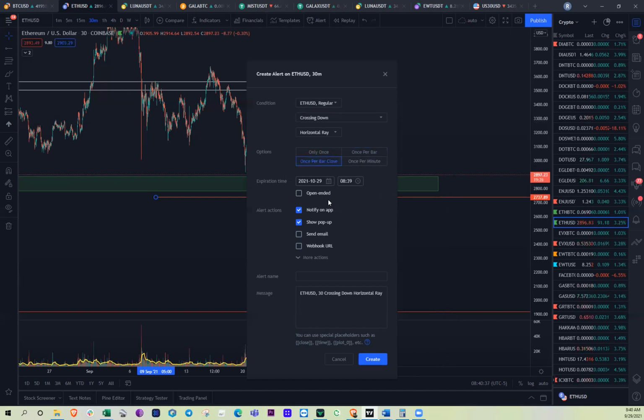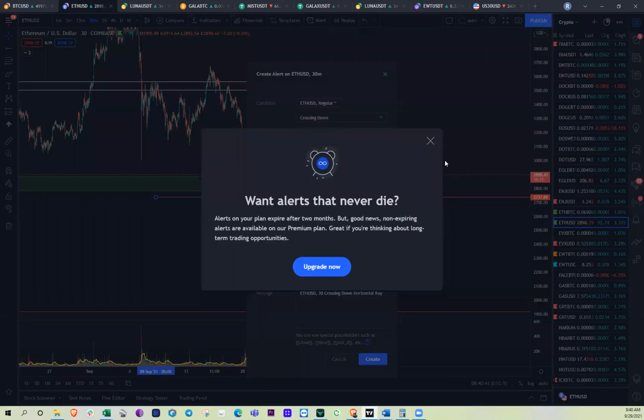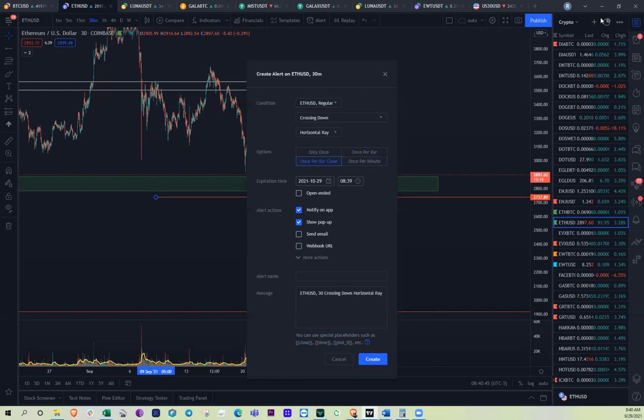You could set your parameters. You could have an expiration time or have it be open-ended. I guess that's on the larger premium. Am I not on my premium channel? All right, whatever. You can have it open-ended. You'll get notified on the app if the app is on your phone, which I strongly recommend. And other alert actions.